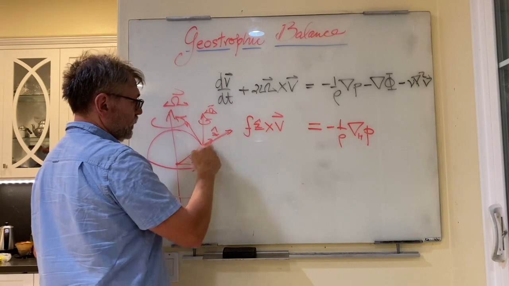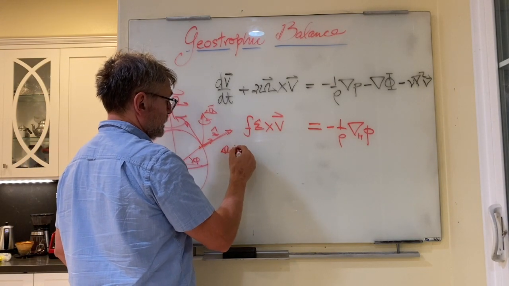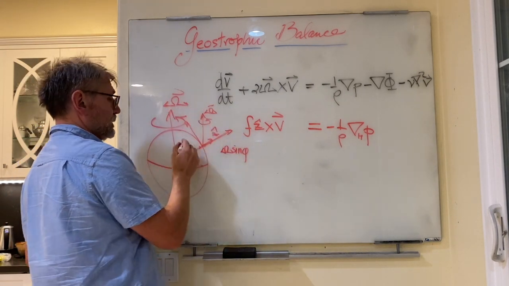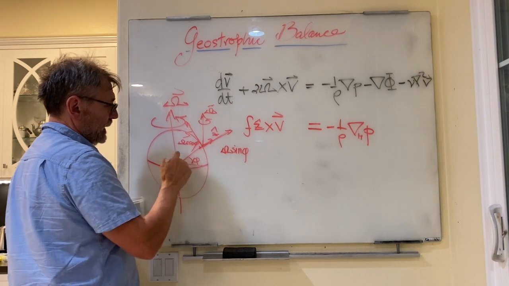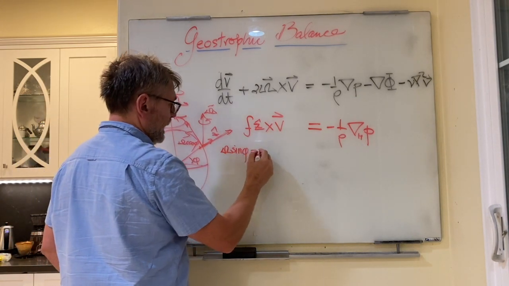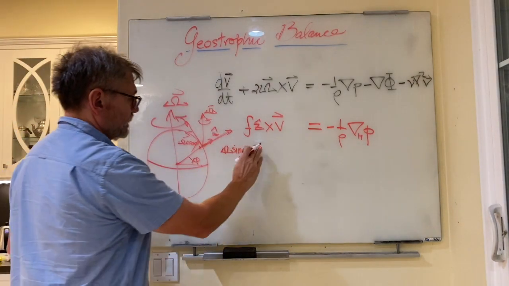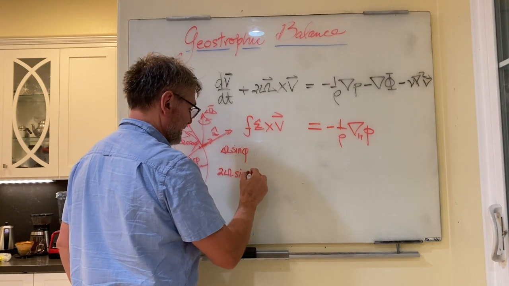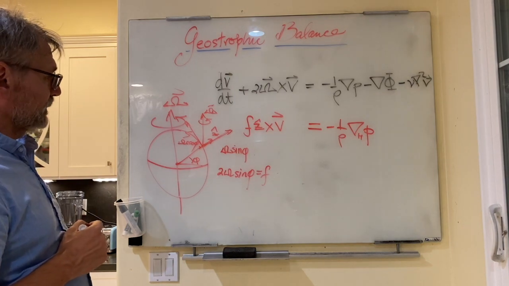And so this component in this direction is going to be omega sine phi, the vertical component, and this part will be omega cos phi. And 2 omega sine phi is what we call f, because it's twice that component.